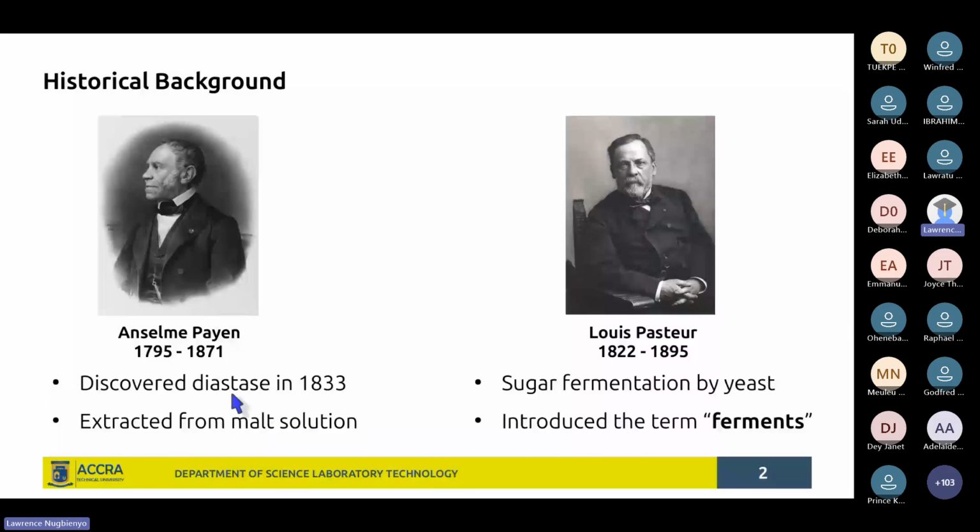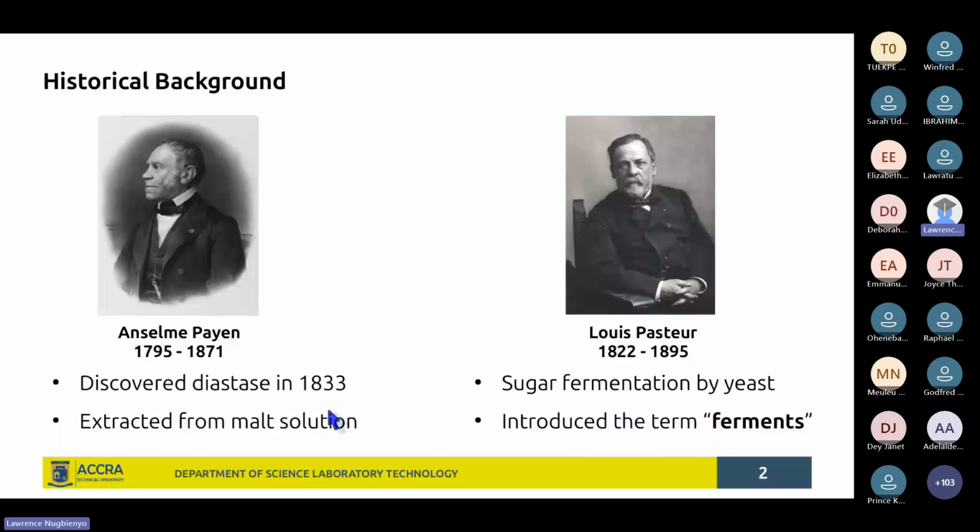So they could see that there was some extract from malt that was having some process of digestion, or say it was actually fermentation which was occurring with these sugars.